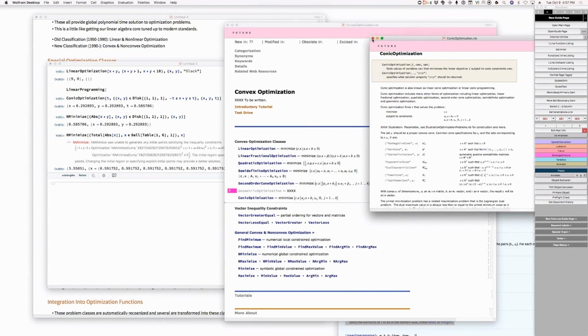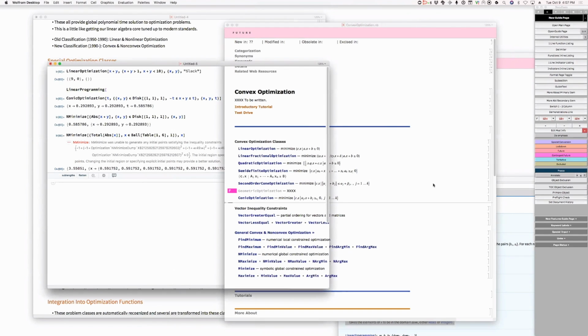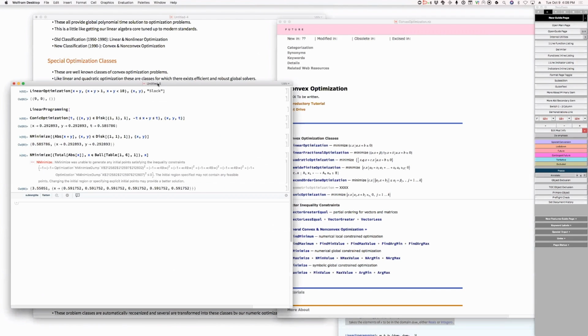So here's the thing: if it's recognized in Minimize or FindMinimum, then it will use those same code paths. Basically, I'll tell you how I did the code path for this, Stephen. I've set up a structure that holds what I call an optimization problem, and that's how all these solvers are handled.